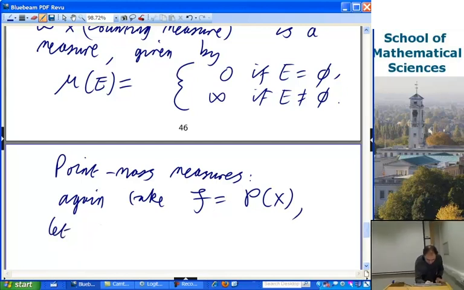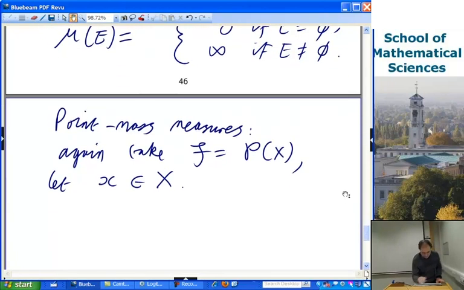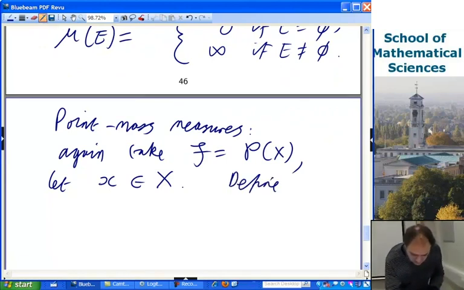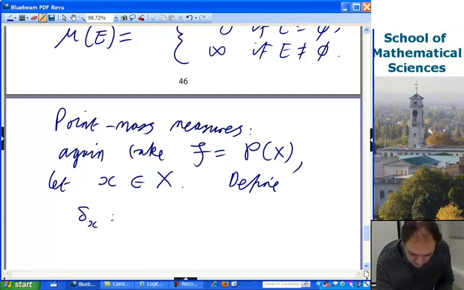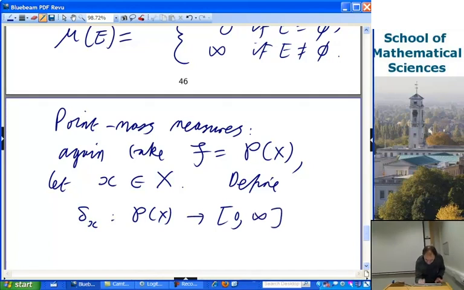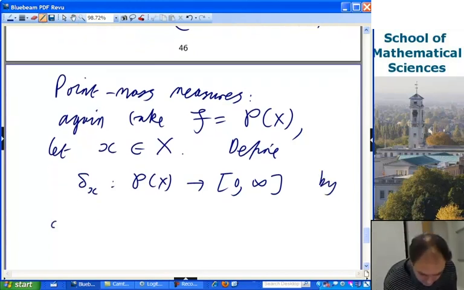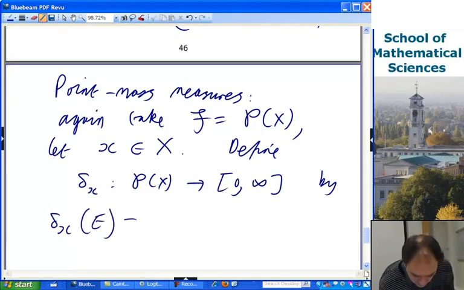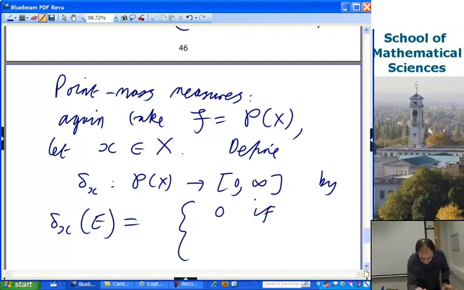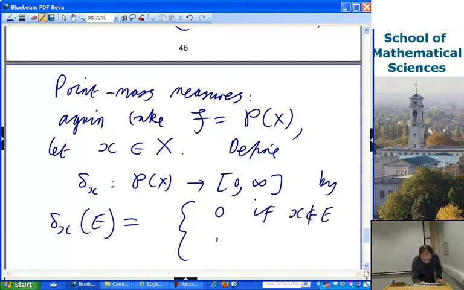And let x be a point in X. Define delta x. Well, I say it's going to the non-negative extended real numbers, but actually it only takes the values 0 and 1. So it's 0 if x is not in E, and 1 if x is in E.